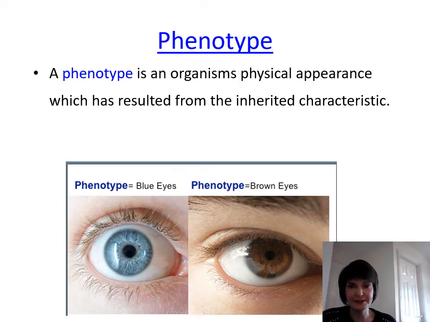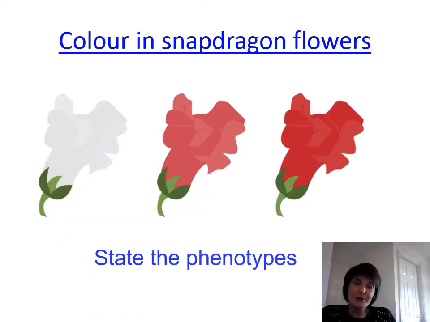Physical appearance. If we take these snapdragon flowers and I asked you to state the phenotypes of these flowers, what do you think you would say? Have a good look at them. Remember, phenotypes are what they physically look like.